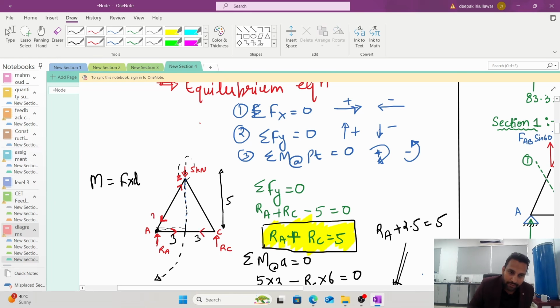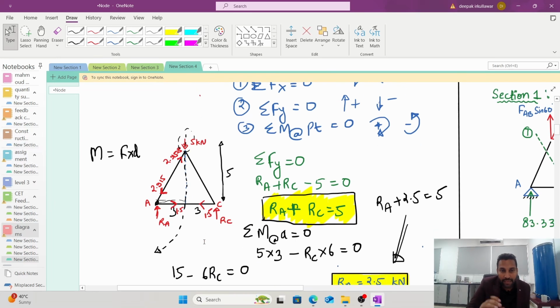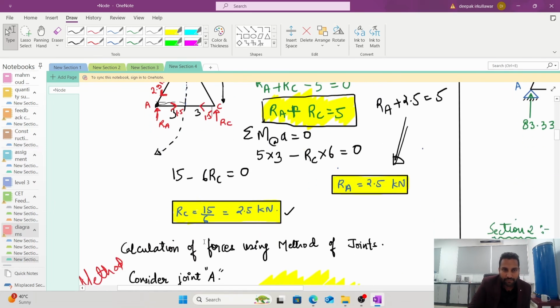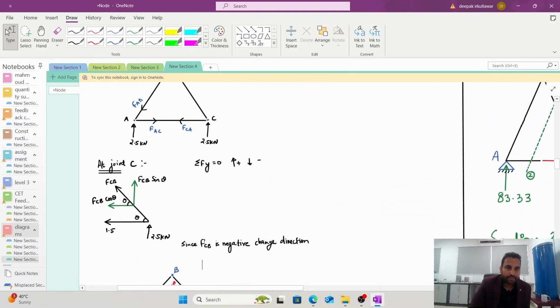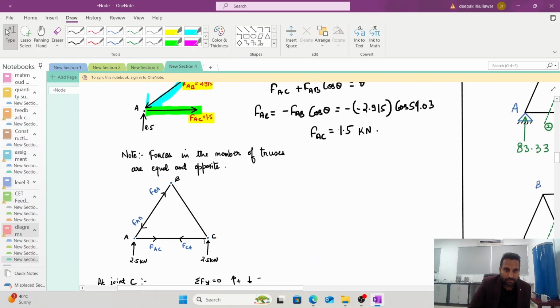So here you had 2.915, so here you will have 2.915, and here you had 1.5, so here you will have 1.5. This is known as equal and opposite. In member AB there is 2.915. Similarly, in member AC there is 1.5, which are going out.